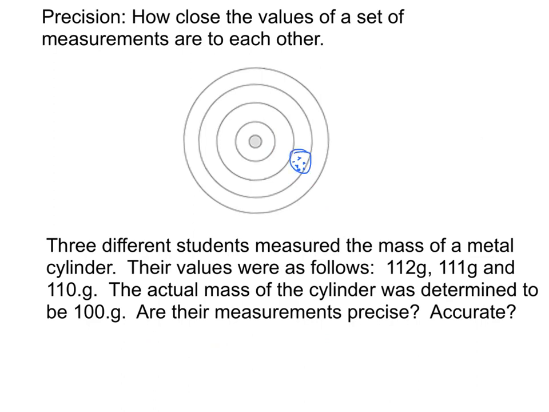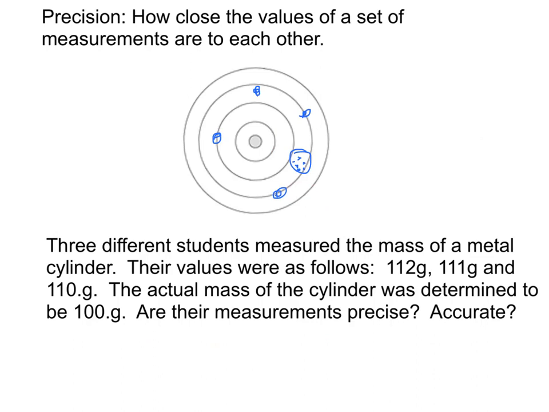That would be a precise grouping. But if you had a shot here, here, here, and here, they're nowhere near each other, so they would not be precise, but in reality they might be accurate if you averaged them together. Those are 2 different things you have to look at. So remember, closely grouped would be precise.